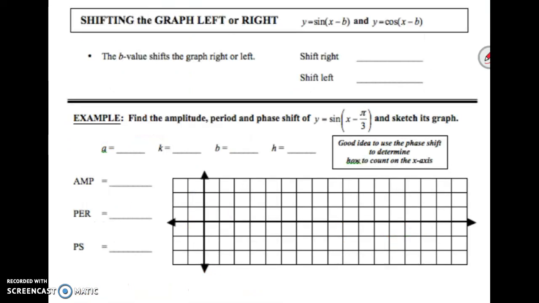Okay. We can also shift our graph left or right. So if you see in these equations here, it looks like -b. The b value shifts the graph either left or right. Okay? This is called a phase shift.